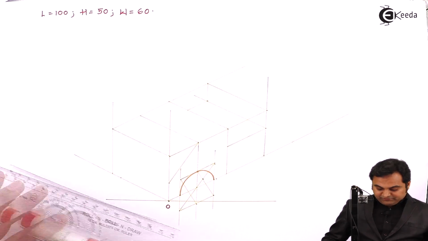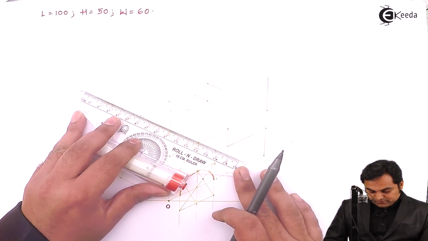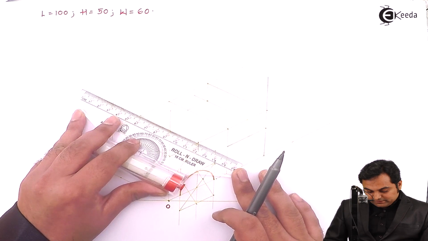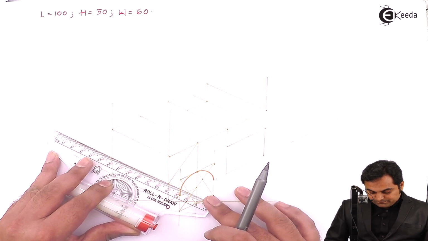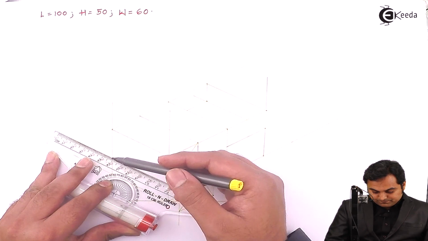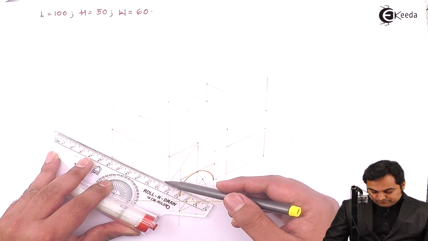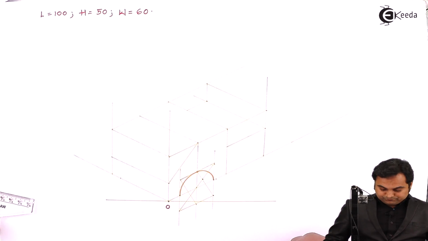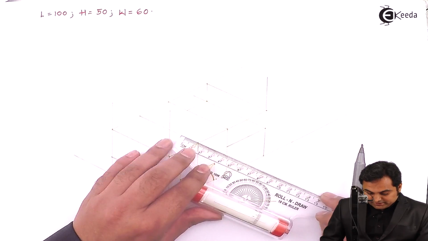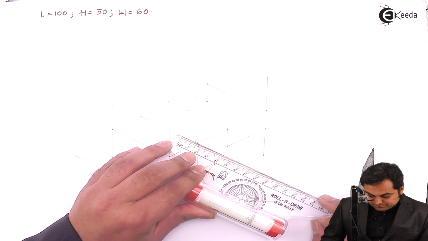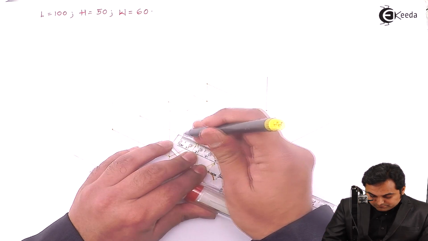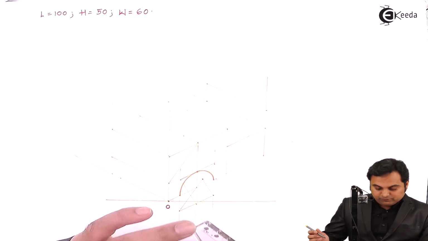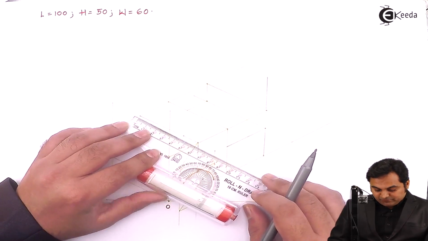I'll be measuring 15 mm, and at the same time I am drawing a line parallel in a similar manner. Taking 15 mm from one side, 15 mm from the other side.